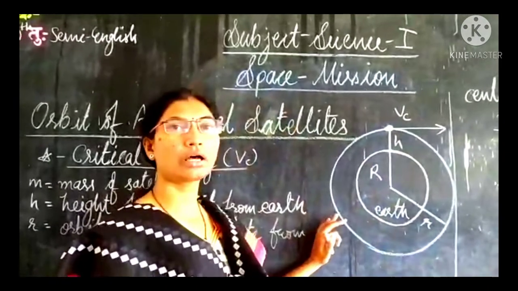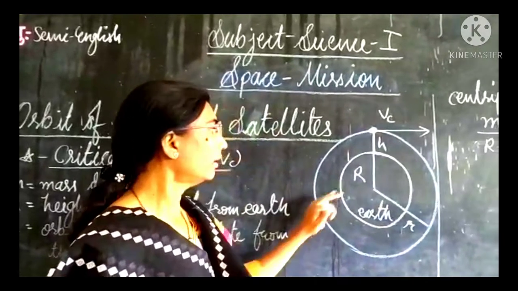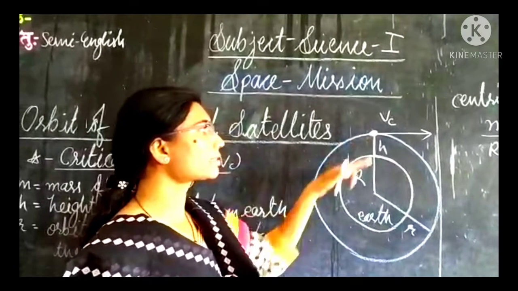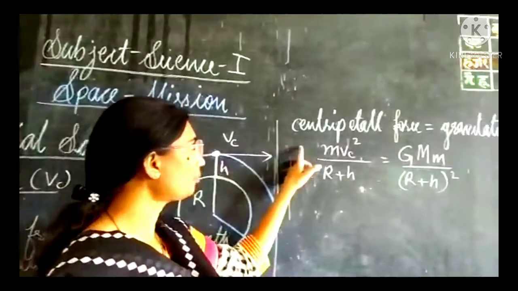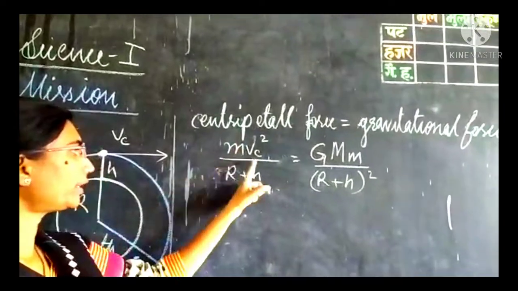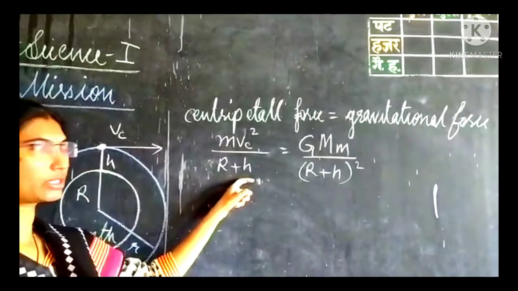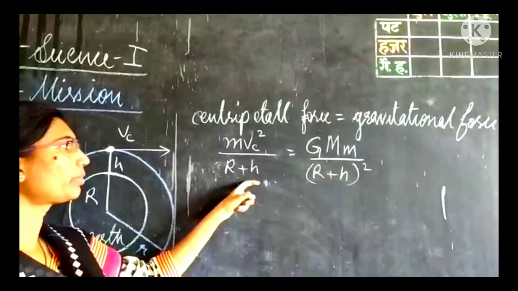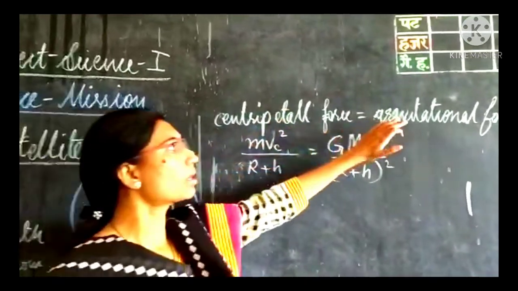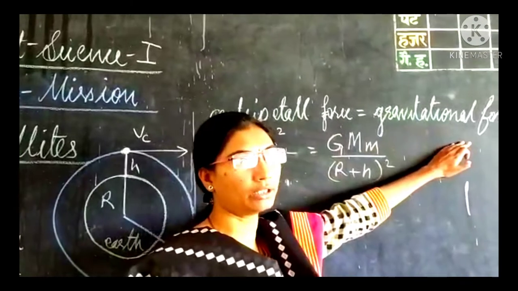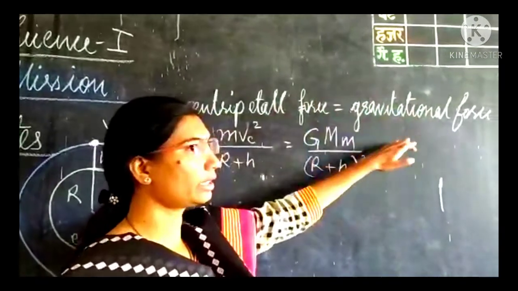As we have studied in our first chapter, on this satellite there is a centripetal force applied, which is equal to mv square divided by r plus h, that we have studied in the first chapter, gravitation. And this centripetal force is equal to the gravitational force applied by the Earth. So both the forces are equal.